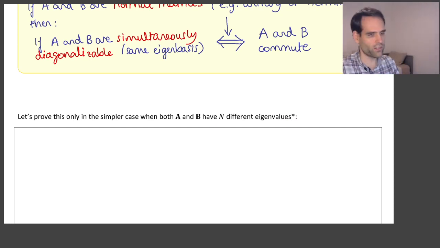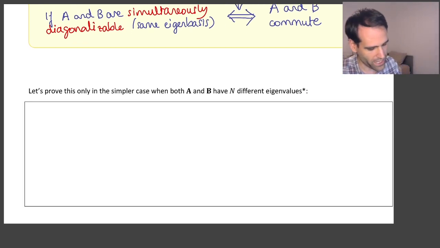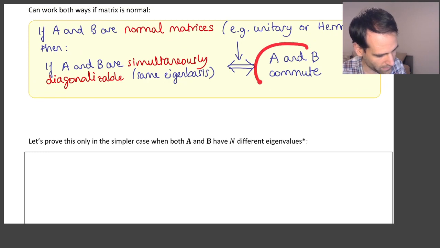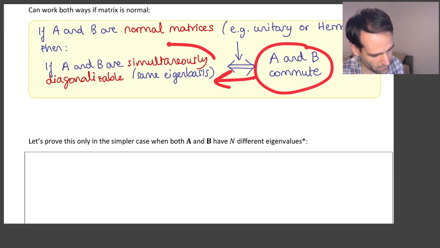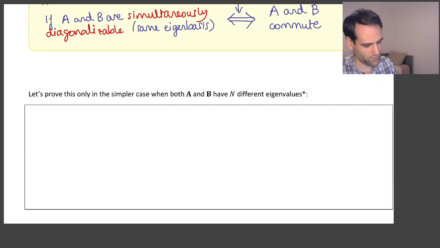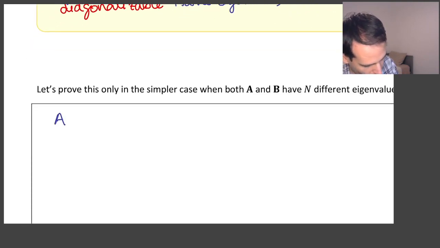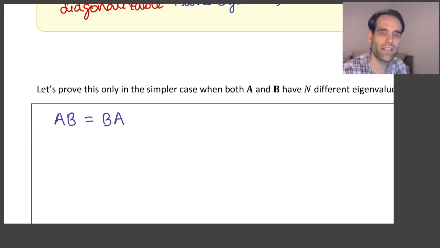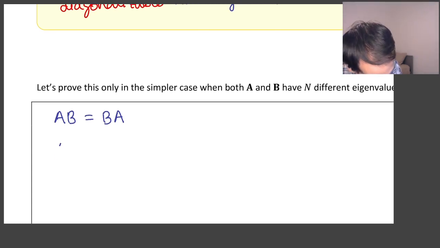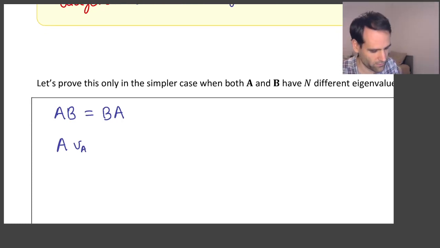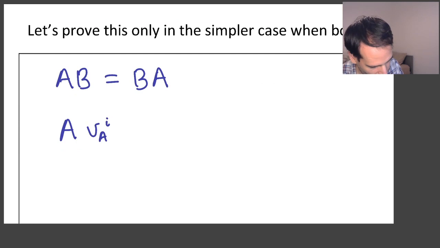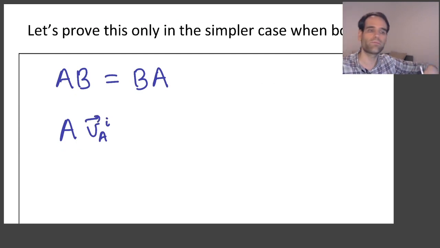Good, so here goes the proof. First, what do we assume? So we want to start here and we want to prove this. So our assumptions are that A times B equals B times A. And also we are going to assume that they have n different eigenvalues. So A times the eigenvector of matrix A, and let's label the eigenvectors with a superscript I, where I can be 1, 2, 3 up to n.